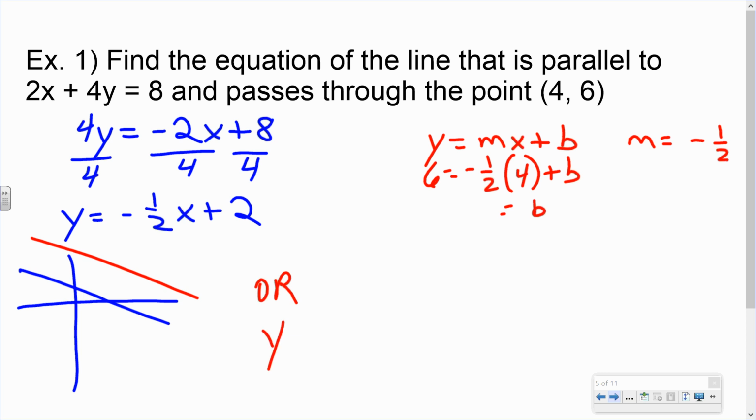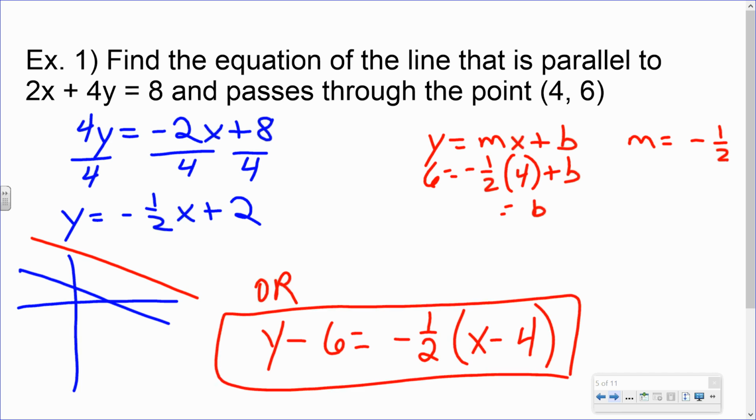So we could simply say y minus this y-coordinate equals the slope times x minus the x-coordinate, and we could be done. It did not say which form, so we didn't have to do that other way. Not wrong if we do it. Let's just make sure we get the same thing.